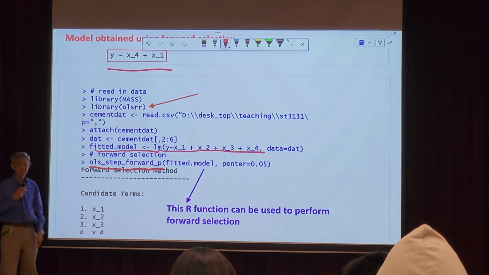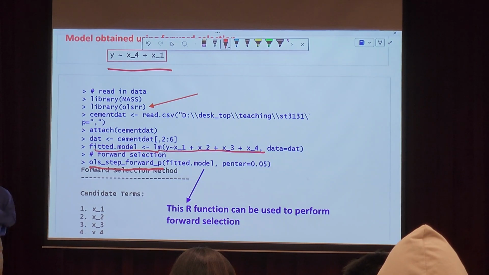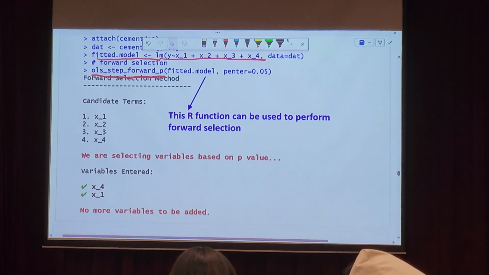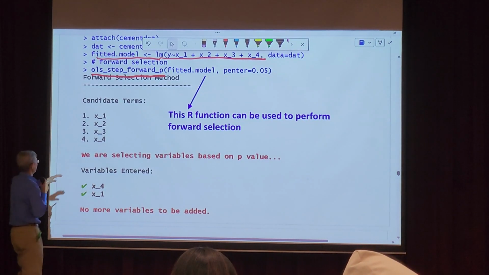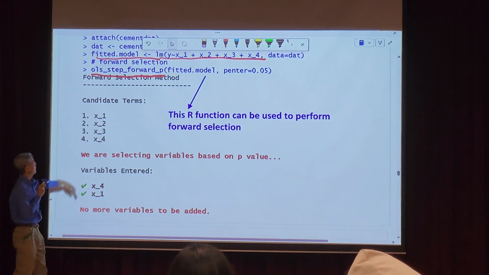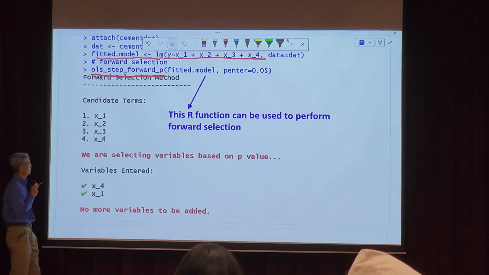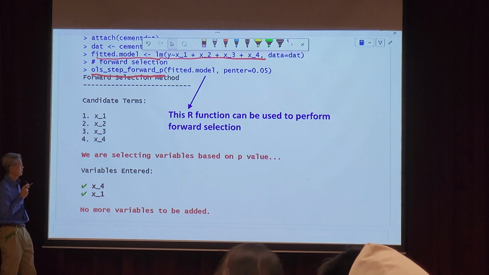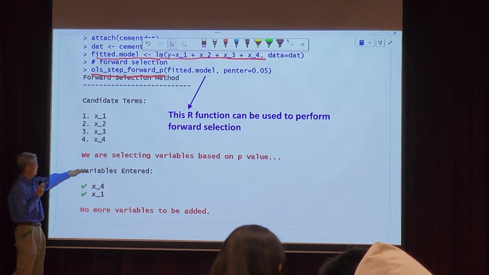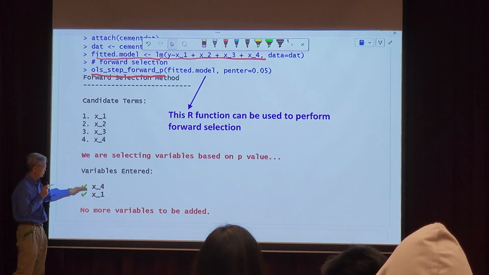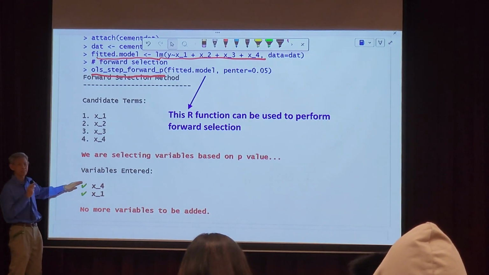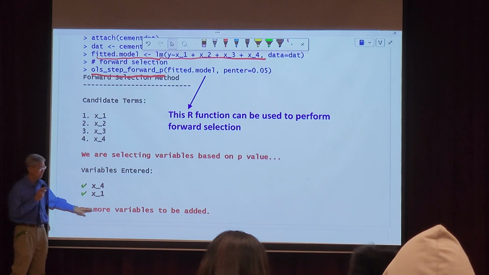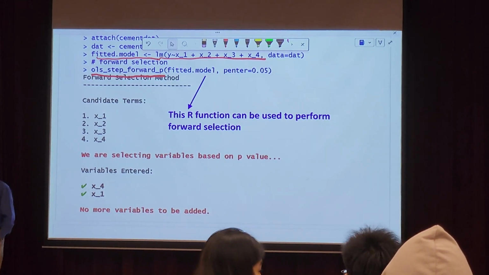And then you will perform this forward procedure for us. It will show this to you. You will see, okay, candidate terms are 1, 2, 3, 4. We are selecting variables based on p-value. And when it's done, it will show the variables that have been entered. Exactly as what we got. x4 first, followed by x1. And then after that, no more variables to be entered.